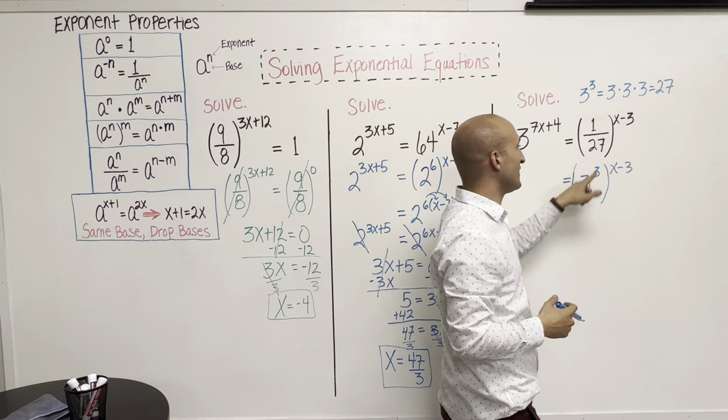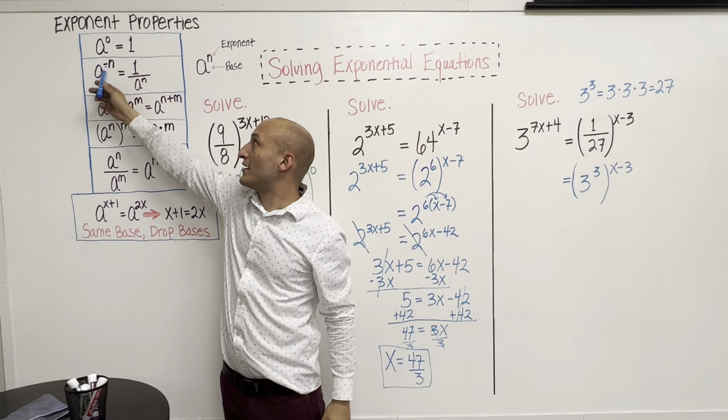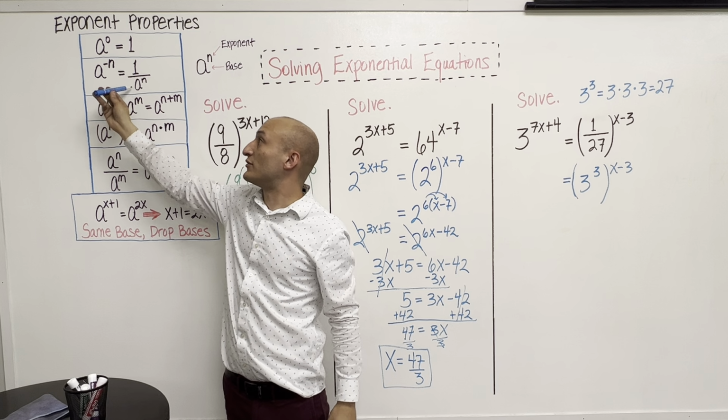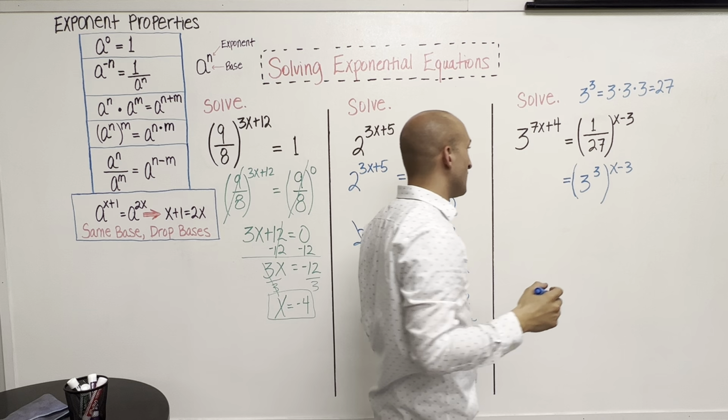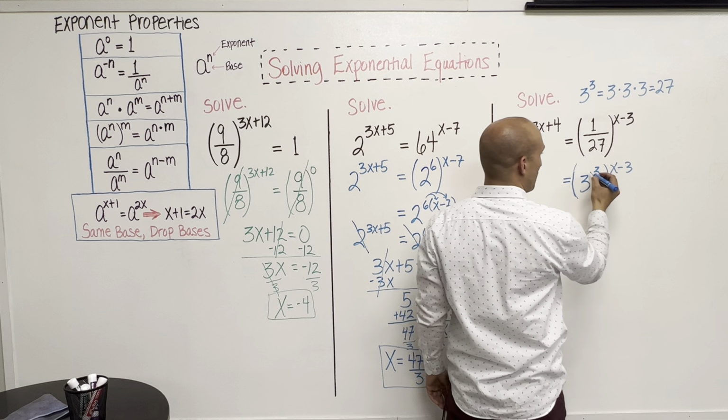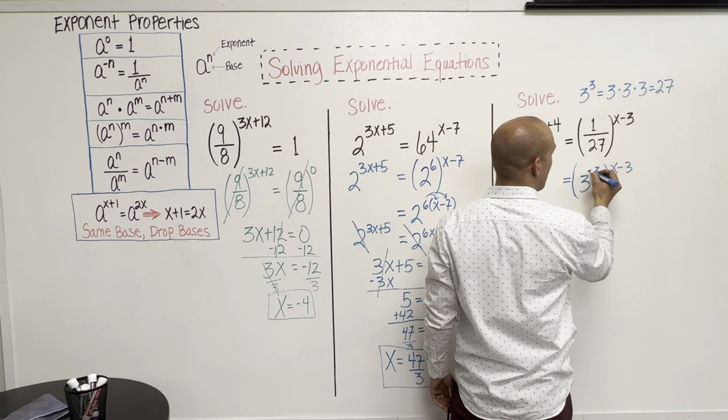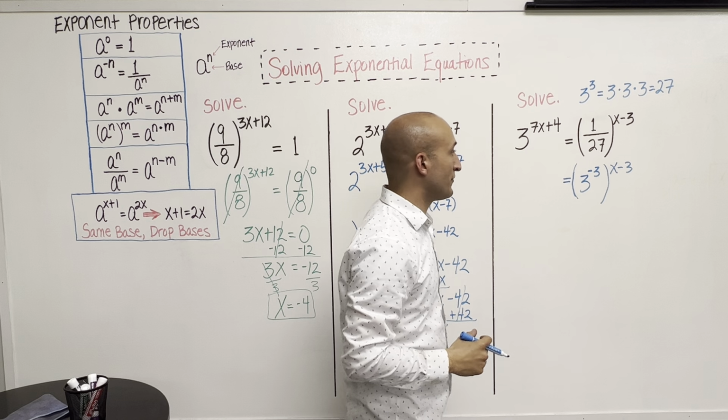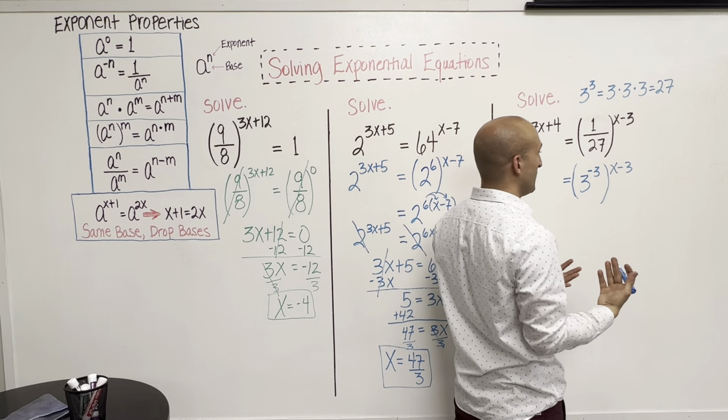But if I take a look at this property, if I give my exponent a negative, then I will have to bring it down to the denominator. So all I would have to do here is make that a negative, right?